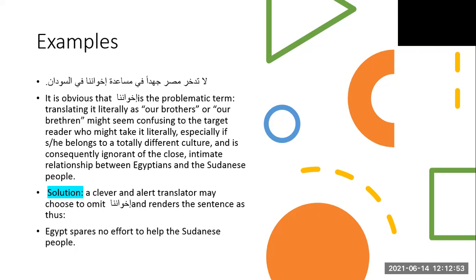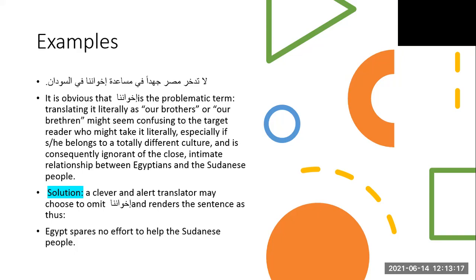The target reader will take it literally, حرفياً, that we have biological brothers in Sudan, because the target reader belongs to a different culture and cannot understand these intimate relations between the two countries.